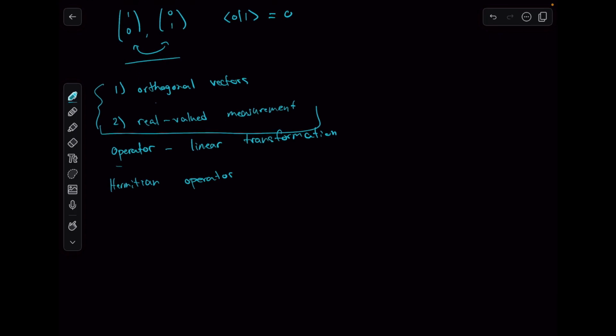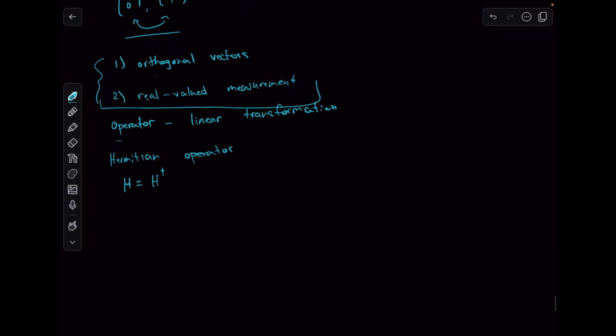let me actually first say what a Hermitian operator is. A Hermitian operator is a transformation that meets the following requirement. If we call it H, we need H to be equal to its conjugate transpose. So H is equal to H dagger. And this is the definition of a Hermitian operator. And a fact about these operators is that all of their eigenstates, all of their eigenvectors are orthogonal.